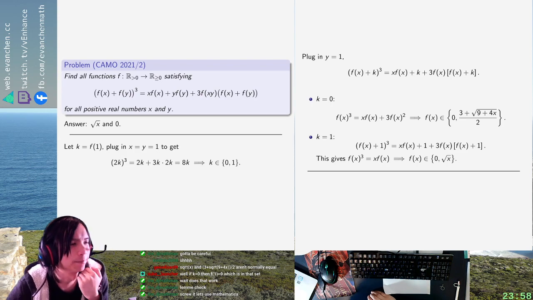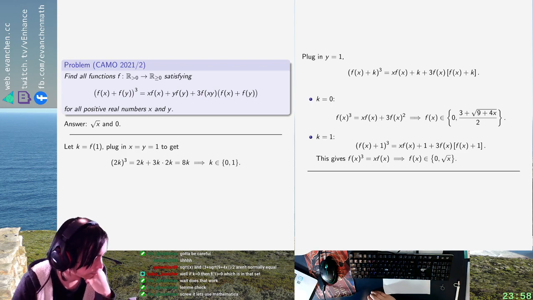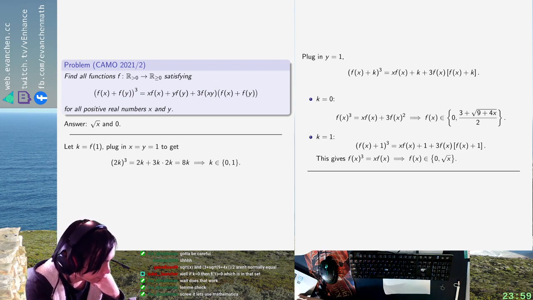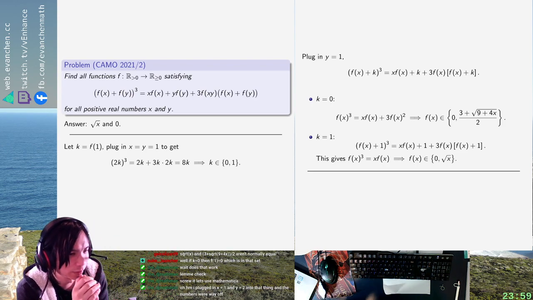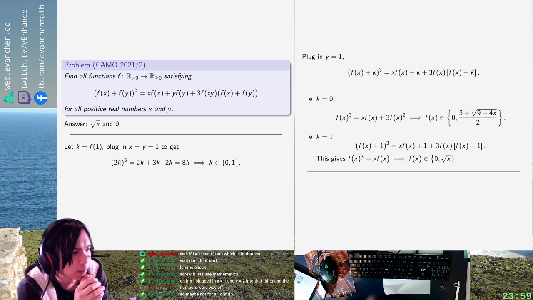Oh, dang it. Plug in x equals 1, y equals 2, and the numbers were way off.